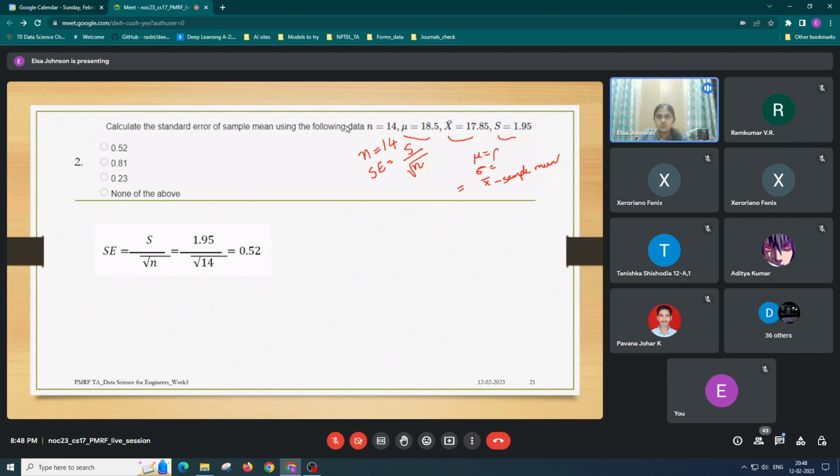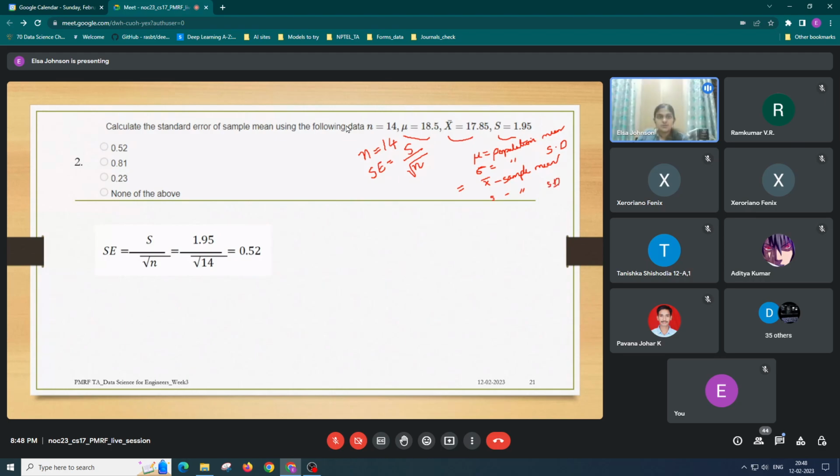This is usually the representation. This is the population mean, and this is the population standard deviation, sigma, and then s is the sample standard deviation.